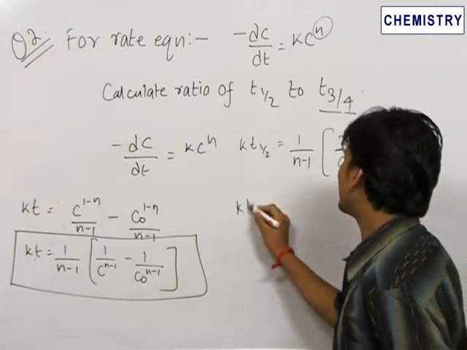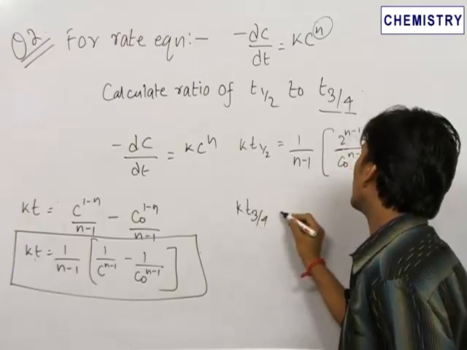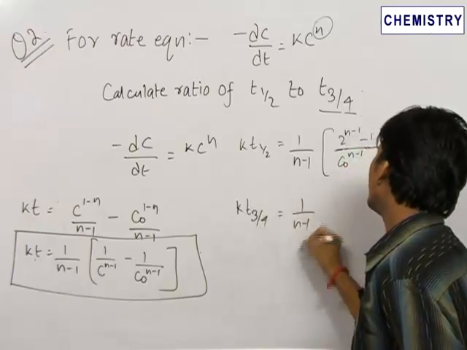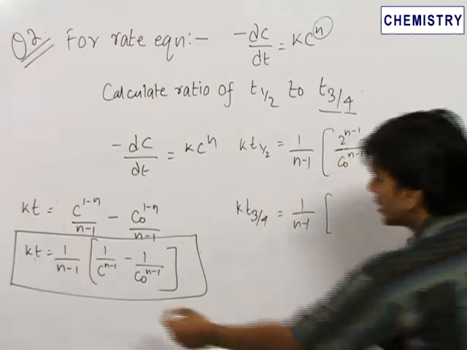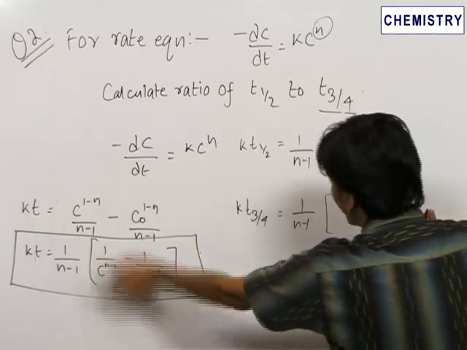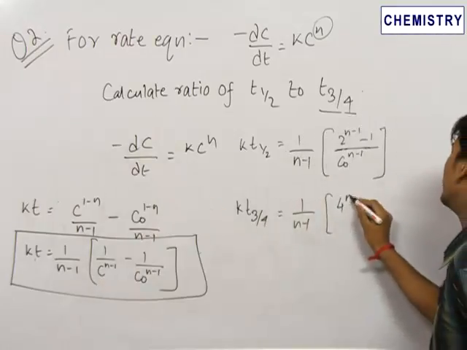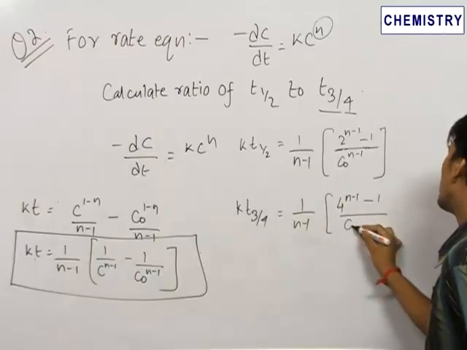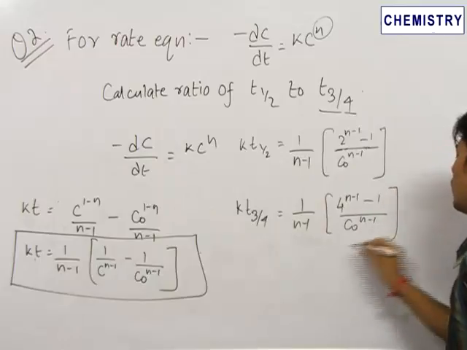For k t 3/4, this is equal to 1 upon n minus 1. The concentration which we write over here is C0 by 4, therefore 4 raised to n minus 1 comes to the numerator. This becomes equal to C0 raised to n minus 1.